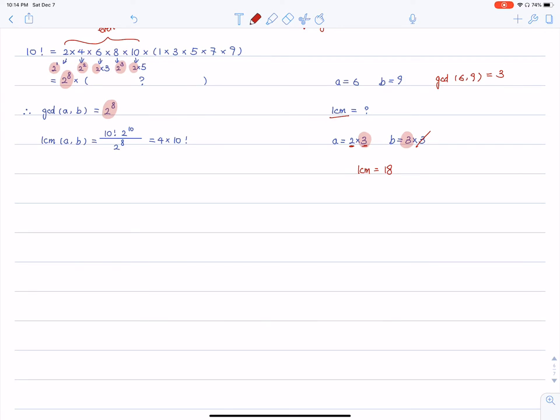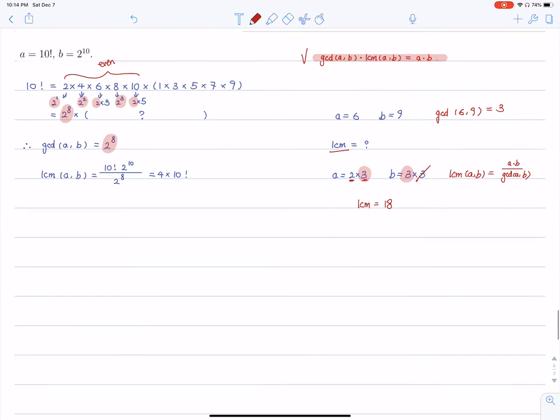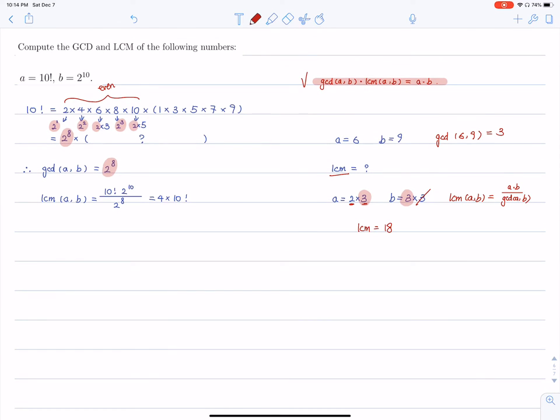This means your LCM of A and B equals A times B divided by the GCD of A and B. And this is how we get this equation. This is quite useful if you want to find the least common multiple of two numbers. As long as you have the GCD, you know your LCM.